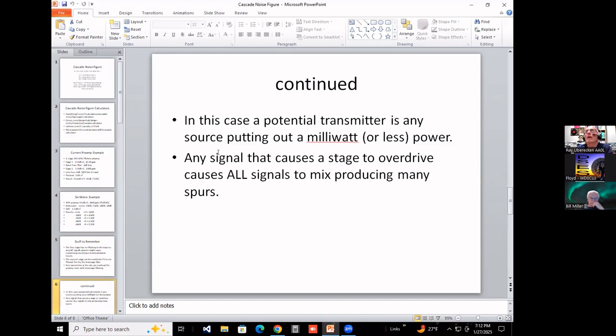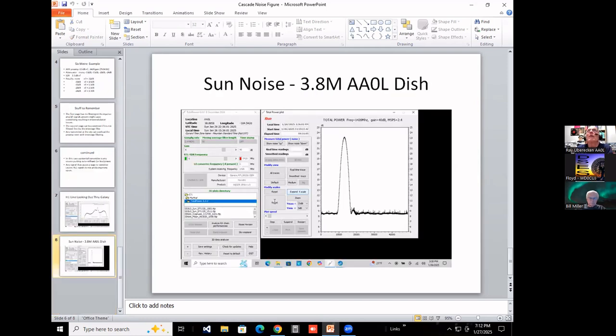It could overdrive the later stages. Any signal that causes a stage to overdrive causes all signals to mix, producing many spurs. And there are lots of signals coming in there. So once you overdrive one of the stages somewhere, you get a lot of mixing action and it gets pretty noisy. So that's basically what I wanted to talk about.